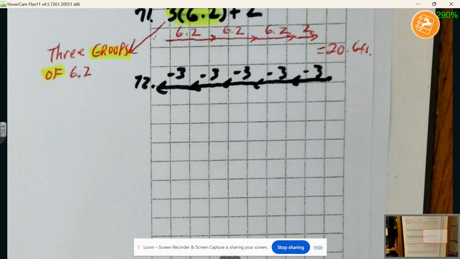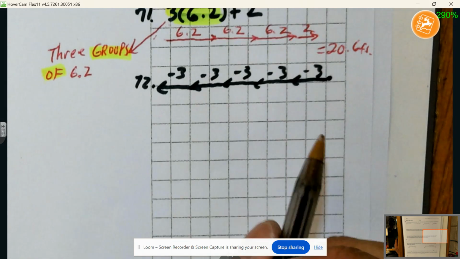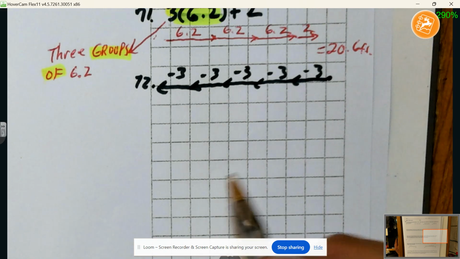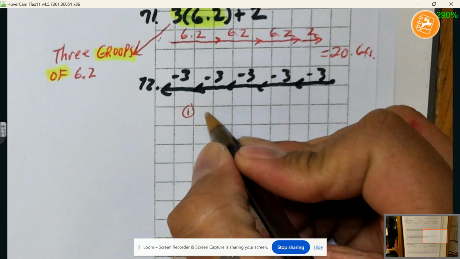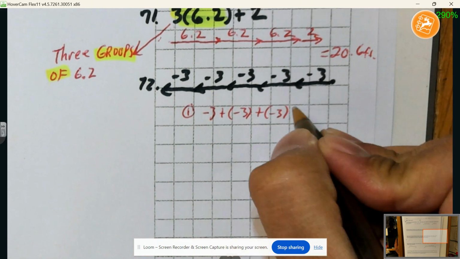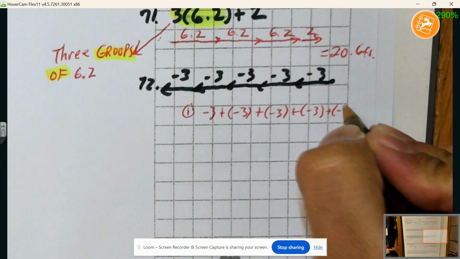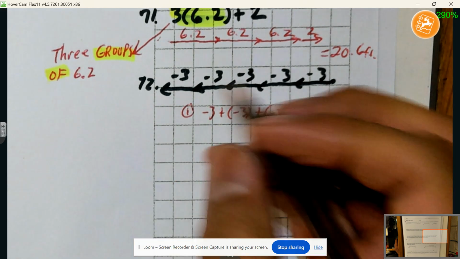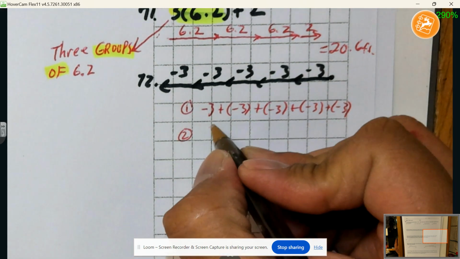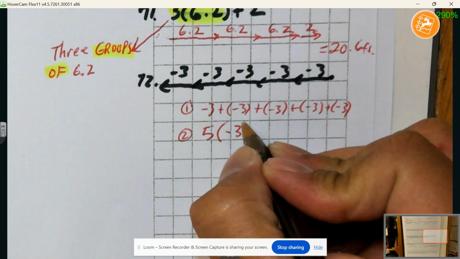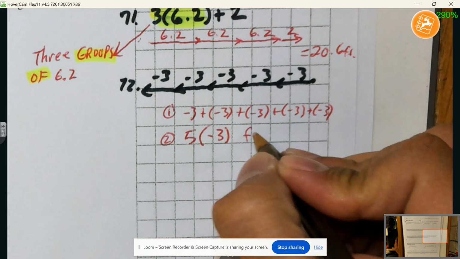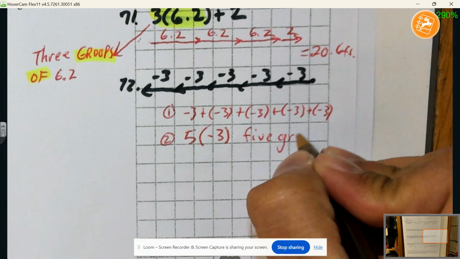All right, and what we should have figured is, well, this is a repeated addition again. I'm going in this direction. That means I'm adding negatives. So one way to say that is -3 plus -3 plus -3 plus -3 plus -3. And what is the quicker way? We have 5 groups of -3, right? 5 groups.